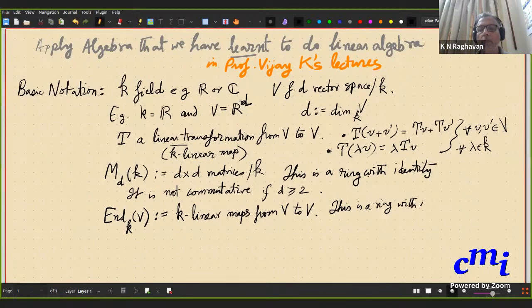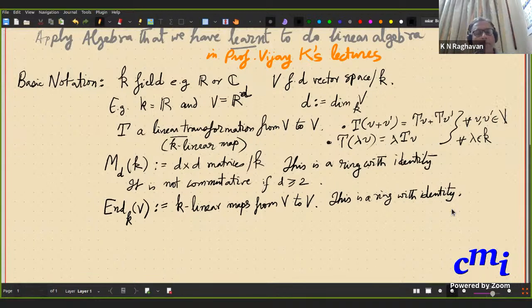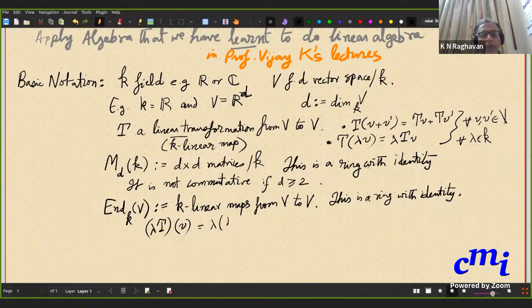I can add two linear transformations or K-linear maps, and I get another linear transformation. And if I multiply a linear transformation by a scalar λ, for example λ times T, if T is a linear transformation and λ is a scalar, its action on v is defined as λ times T(v).